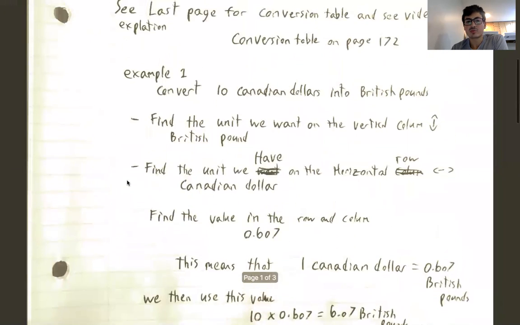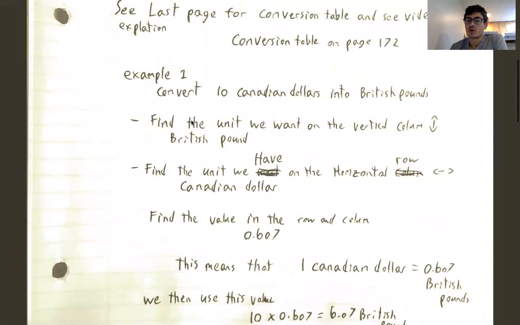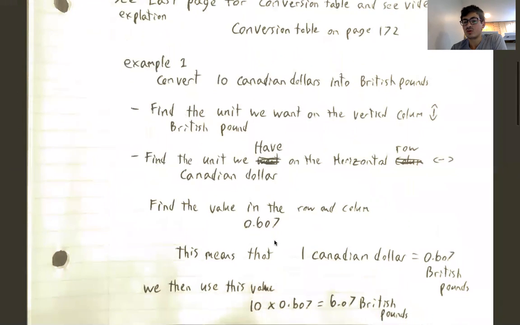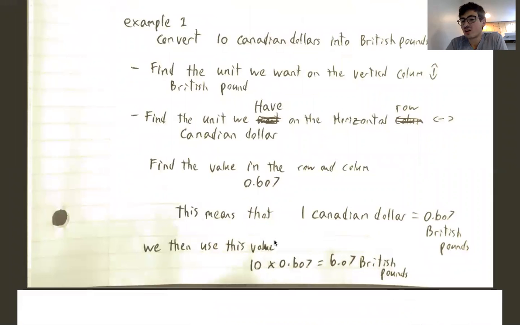So if we go back up to example 1, we're going to convert it to British pounds, and we have Canadian dollars, so our conversion value is going to be 0.607. That means that 1 Canadian dollar is going to be 0.607 British pounds, or about 60 pence. I think it's 60 pence. I could be wrong.